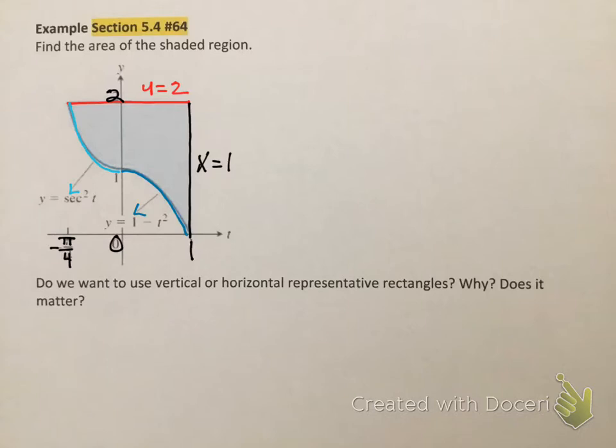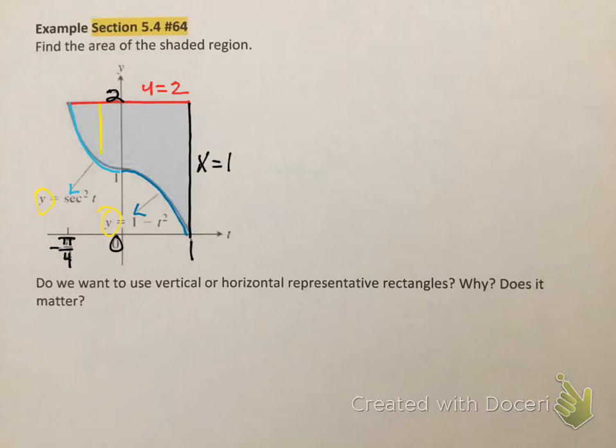So let's contemplate here what kind of representative rectangle we want to use. Horizontal, vertical, y, do we even care? Well, let's figure this out. Couple things to look at. What are your equations already solved for? Do you see that these are already solved for y?